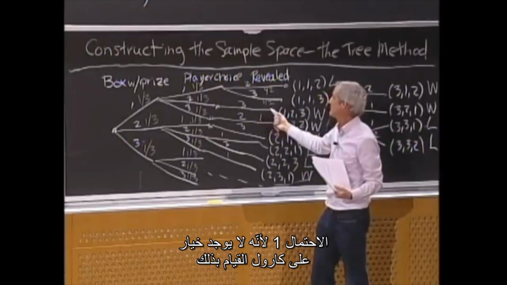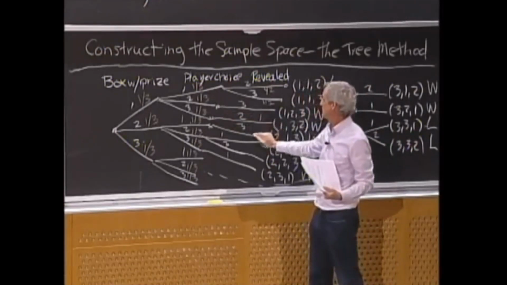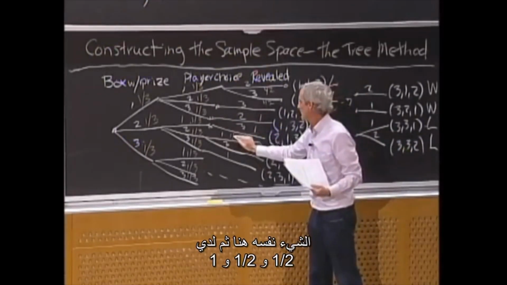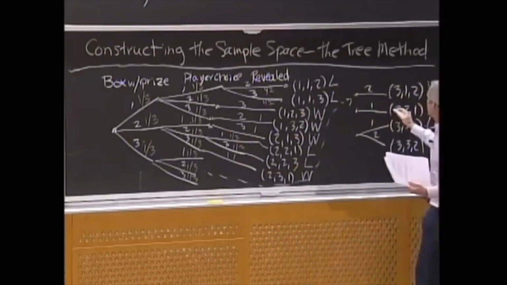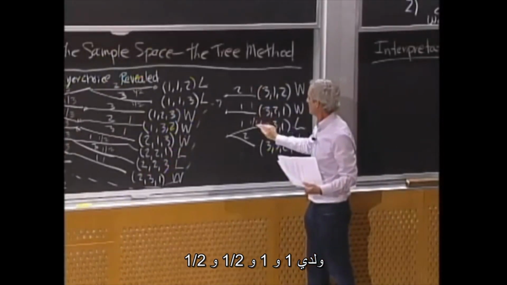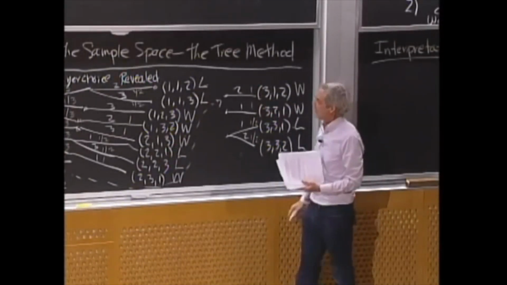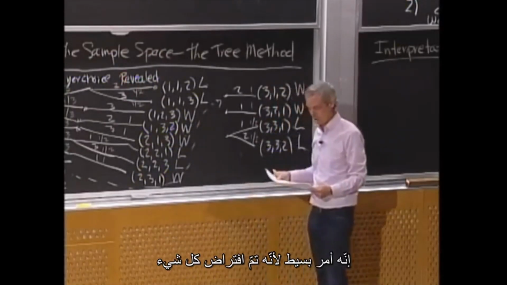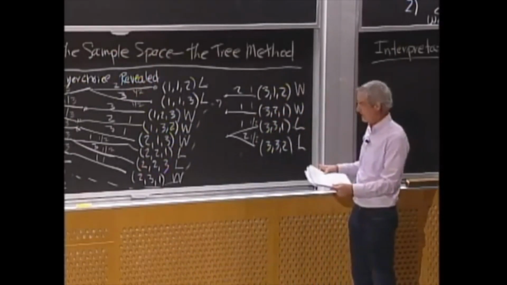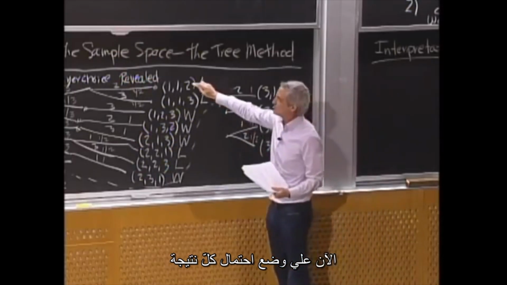Probability 1, because there's no choice. Carol has to do it. Same here. Then I get 1/2, 1/2, 1, 1, 1, 1/2, 1/2. All right, so I've labeled every edge with its probability. Pretty simple because it was all assumed. Now I've got to get a probability for each outcome.